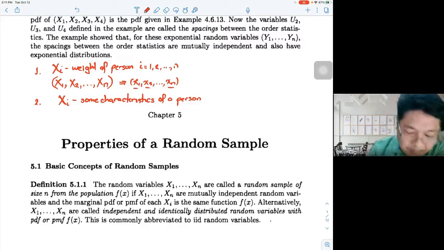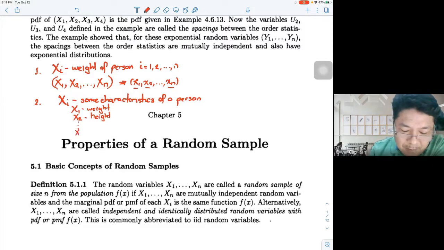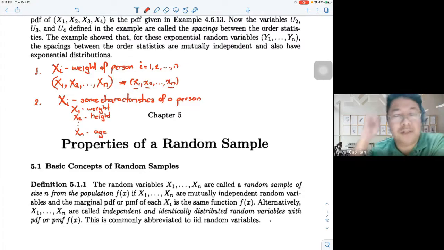Say, for example, x sub 1 is the weight of the person, x sub 2 is the height, and so on, up to x sub n, which we can say is the age.